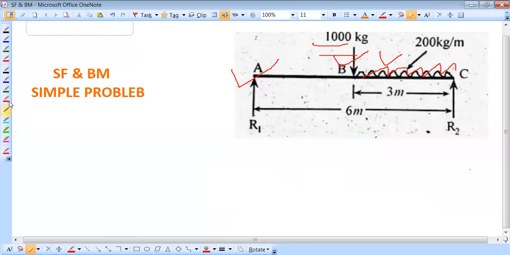Now this one is 650 and this one is 950 again.